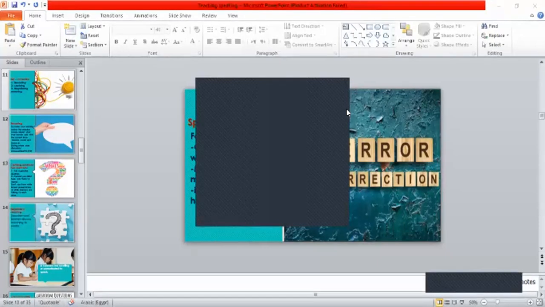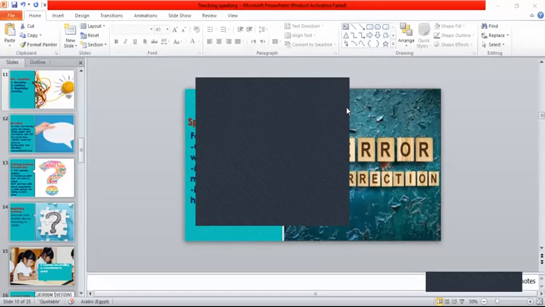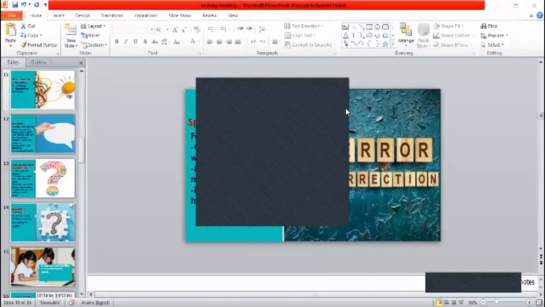Yes, Amina, I think you want to add something. For example, if a student says, "It's a photo, sorry, it's a photo," I can say, for example, "Muhammad said it's a photo," and let the students repeat it.